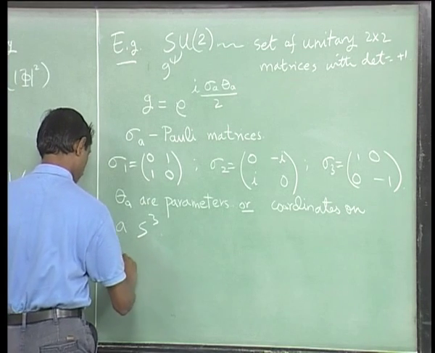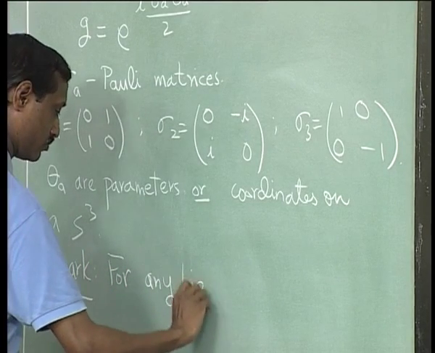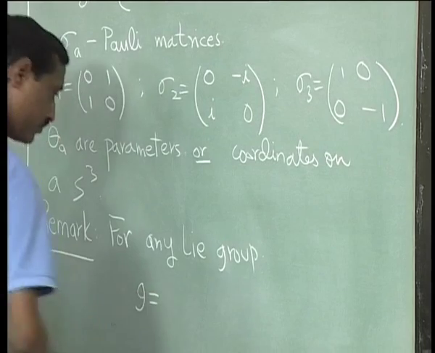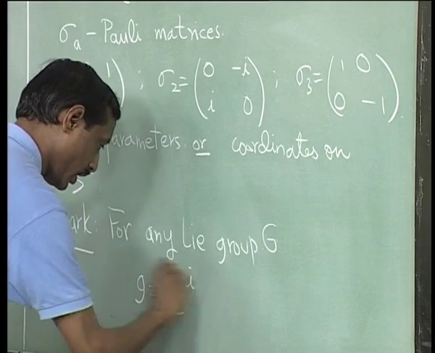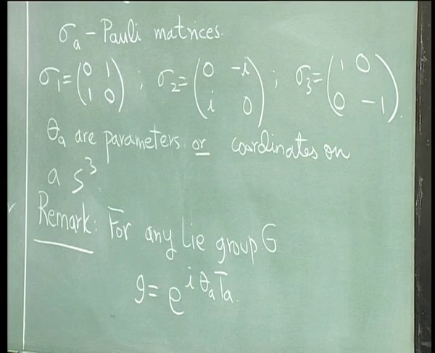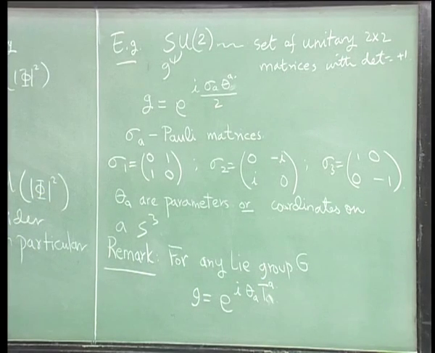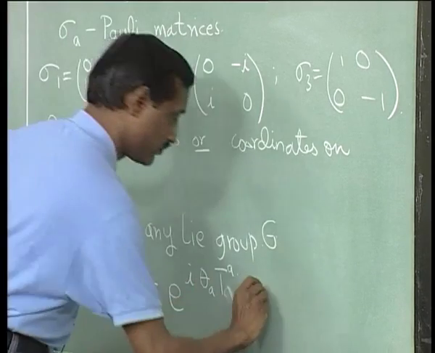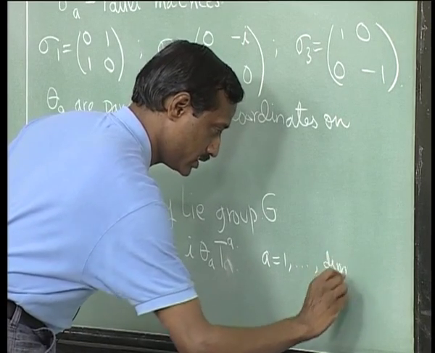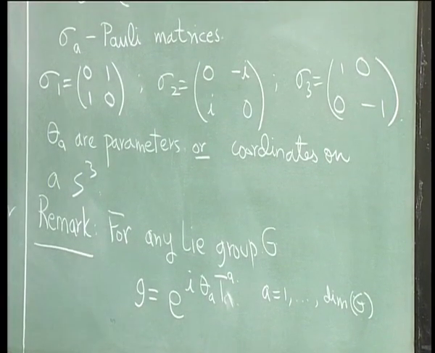So, just a remark: for any Lie group, we could write G as some e to the power i, maybe I should be a little bit more pedantic and write upper and lower indices out here, where A will run over what we will write as the dimension of G. So this is an example.